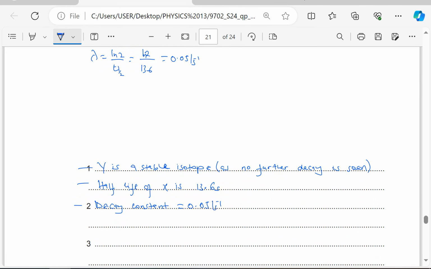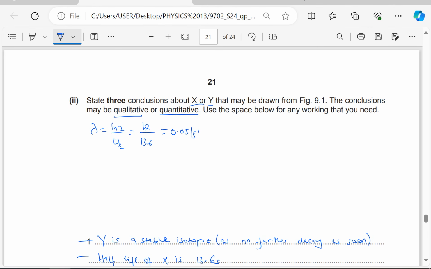Number 4. Let me try to establish the activity at t equals 0. The activity at t equals 0, I'll call it A naught. And A naught is going to be equal to the decay constant times N naught.